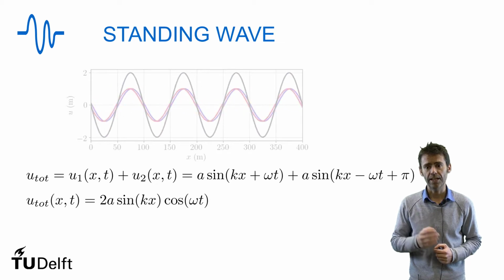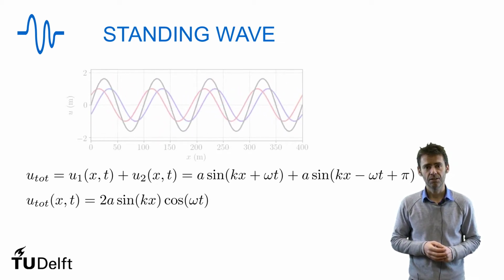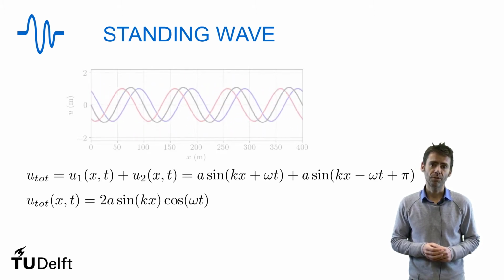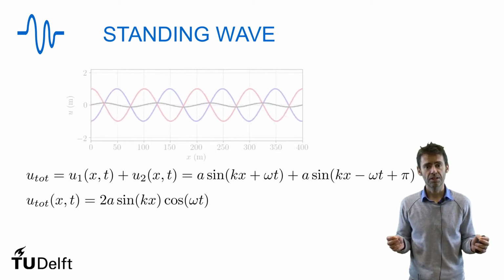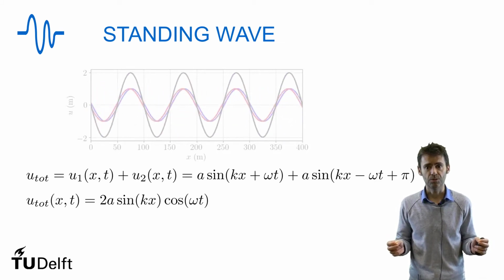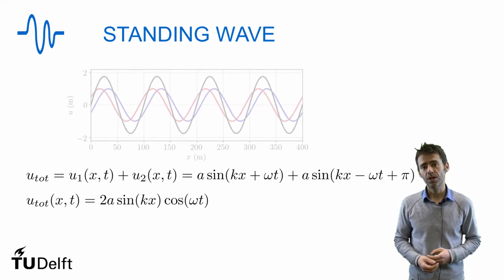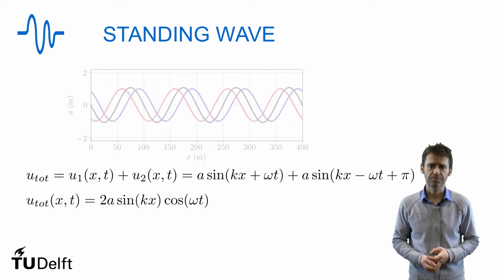Now, there's only one catch. In this case, we cannot choose an arbitrary k for this spatial part, because we have to fulfill the boundary conditions. At the boundaries of this wave, their amplitudes need to be 0, because these points are fixed. So what waves can we choose? Now, then we have to look at this sine kx part.